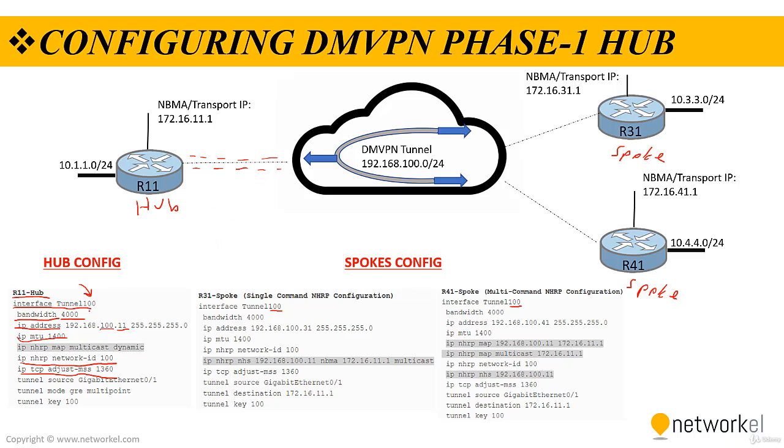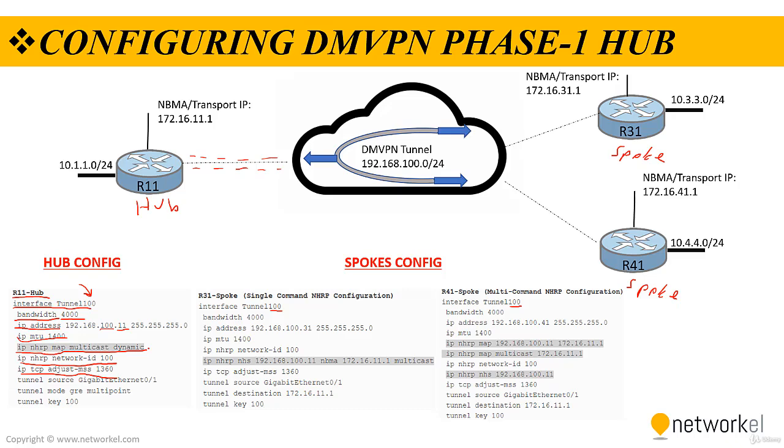And you can also see that in here we have a command ip nhrp map multicast dynamic. Guys, this is optional also. And please also keep in mind that this configuration is for a DMVPN phase 1 hub. Okay.